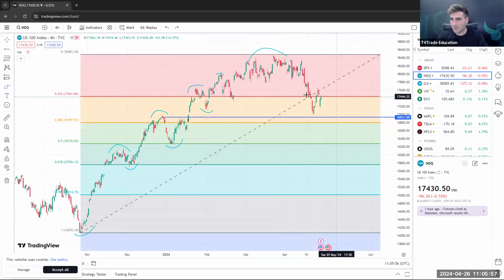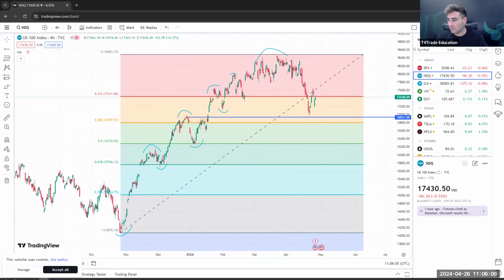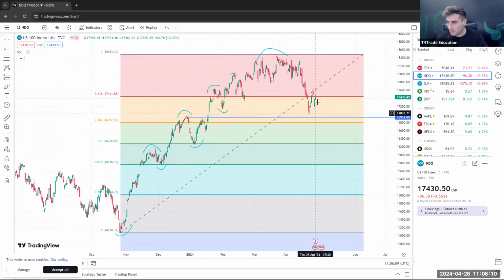So after we see the peak, now we watch closely to see how far the retracement will be. In this case, we see price action coming back towards this level, near the 38.2, rebounding from it and attempting to move to higher ground.